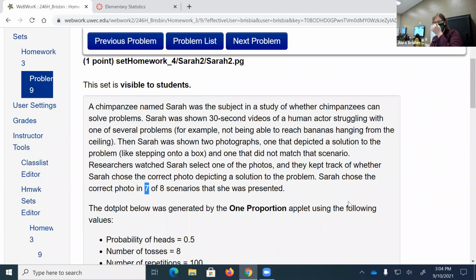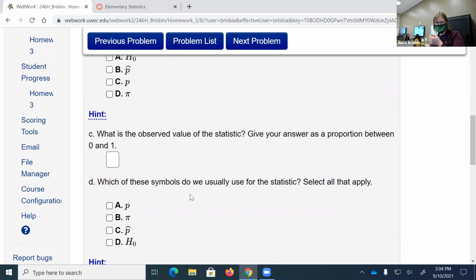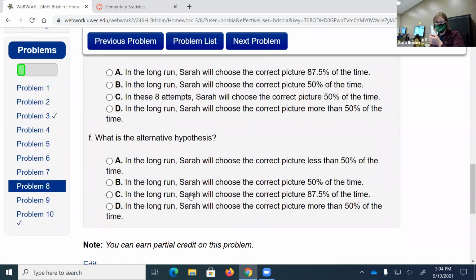And I think you did this in problem 8. Go back. The alternative hypothesis is that in the long run, this chimpanzee will choose the correct picture more often than would be expected by chance.